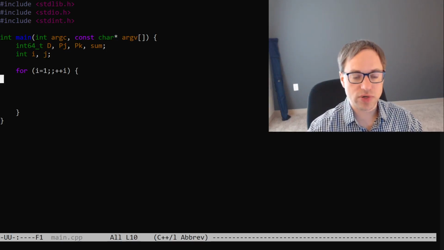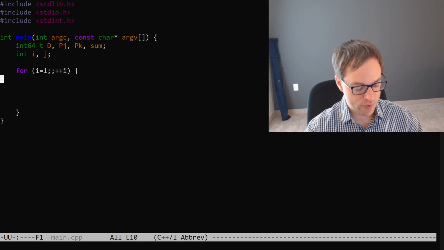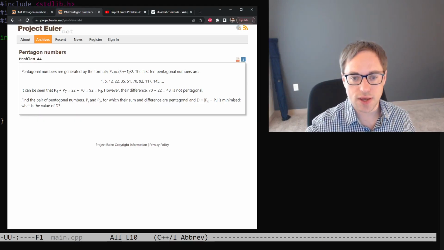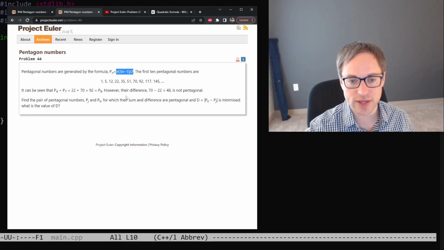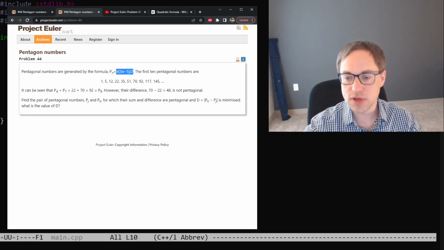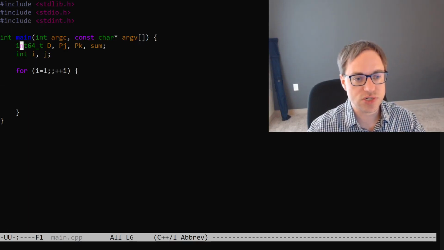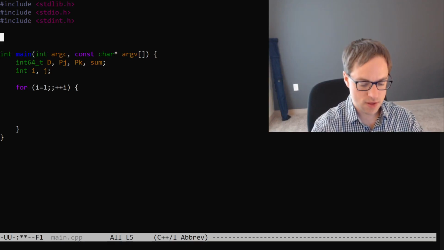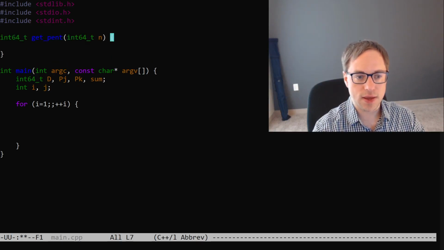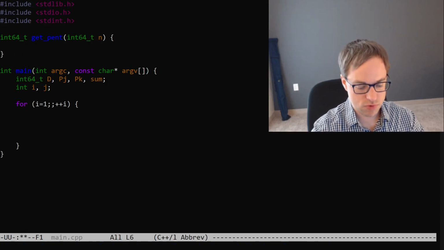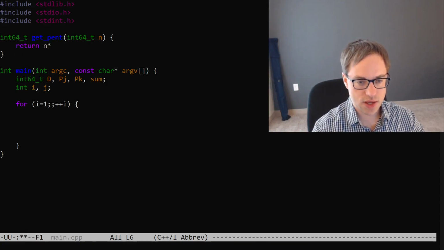Now we need to be able to calculate d from i. If we go back to the problem description, you might recall this expression here, which we can use to calculate the nth pentagonal number. So let's create a little helper function to do exactly that. Say int64_t get_pent, and that's just going to be return n times 3 times n minus 1 all over 2.